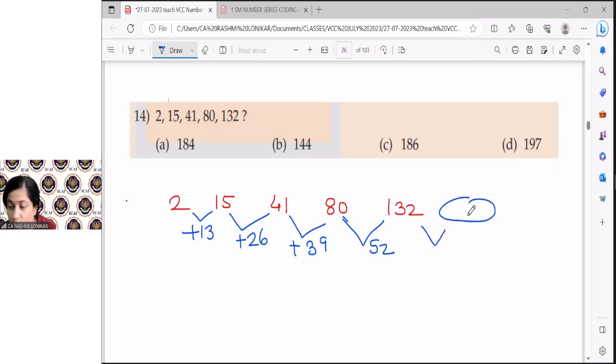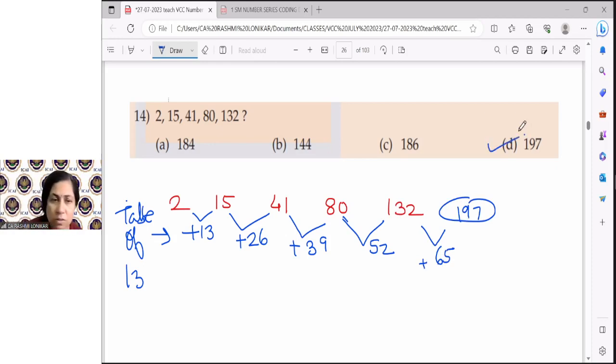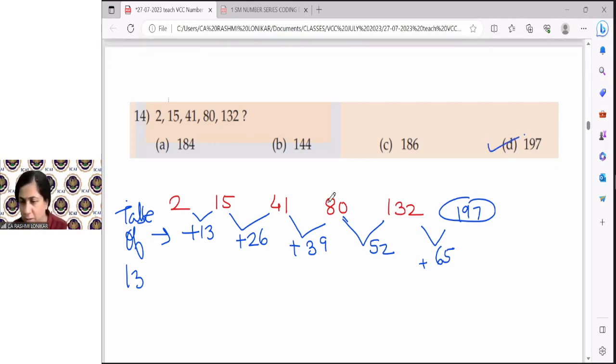So this is the table of 13. 13 ones are 13, 13 twos are 26, 13 threes are 39, 13 fours are 52, and 13 fives are 65. 132 plus 65, because all these are positive numbers, gives me 197. So D will be the correct answer.